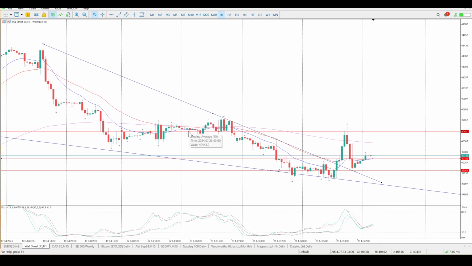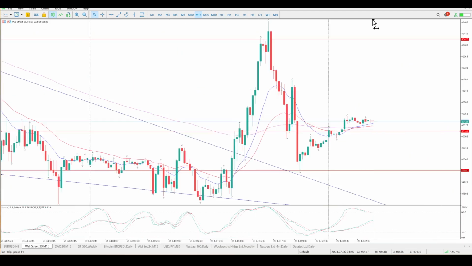Looking left, we obviously picked up some structure in here. Very difficult to pick up which one it was, but one of these fractals to the left here is what price actually rejected going into the close, the last 3-4 hours of the session. So basically the afternoon session of the US session.